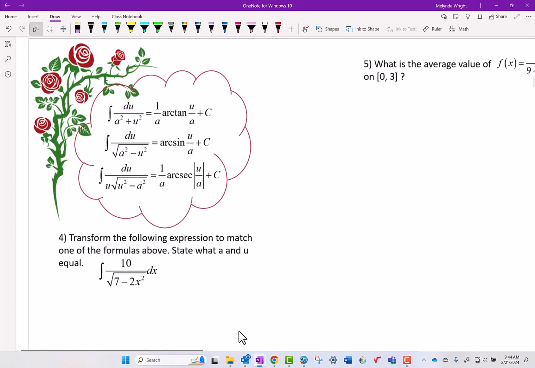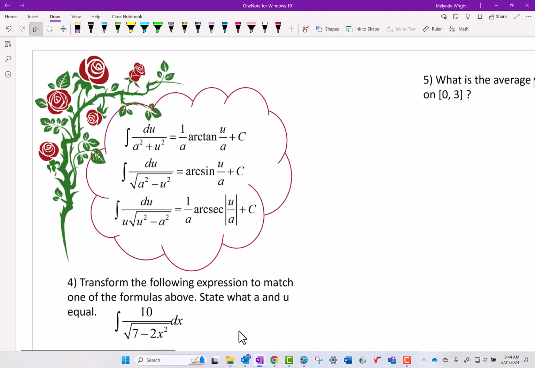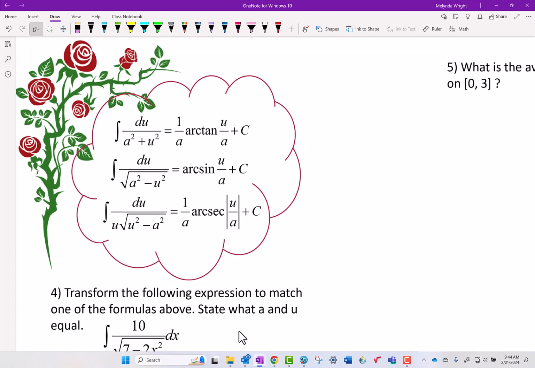So the last part of this lesson has to do with these formulas for integration that I've been highlighting in yellow forever. We're going to practice these formulas and I want to talk about them. This gives us a lot of freedom, actually.